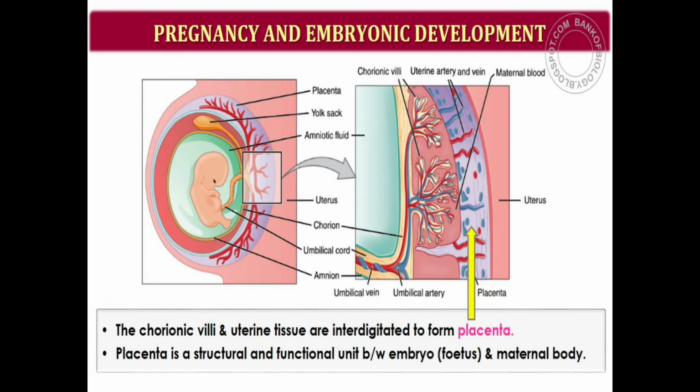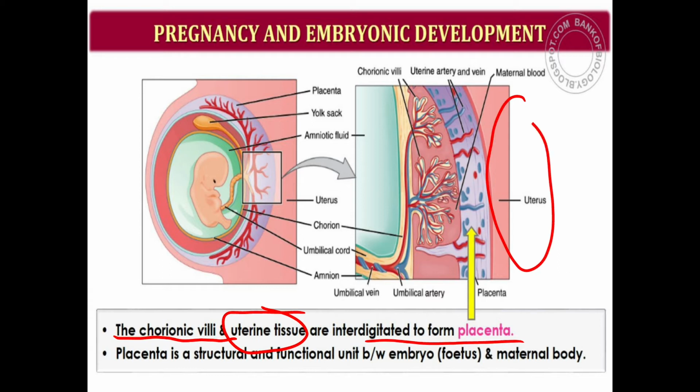The chorionic villi are from the blastocyst, meaning we can call it the fetus, and the uterine tissue are interdigitated to form the placenta. So this is the uterus and this is the embryo's chorionic villi, and they get attached and interlocked.